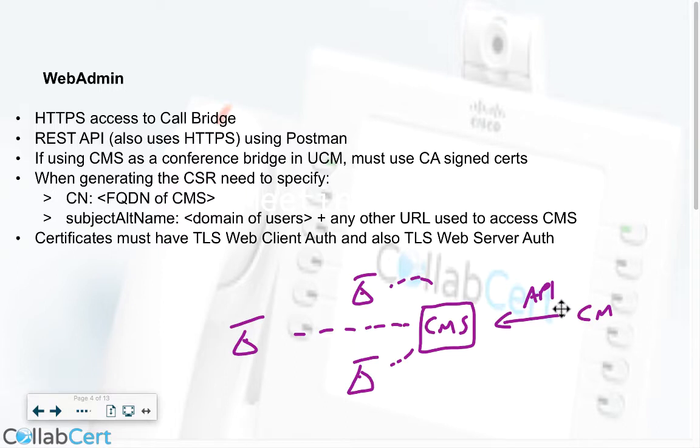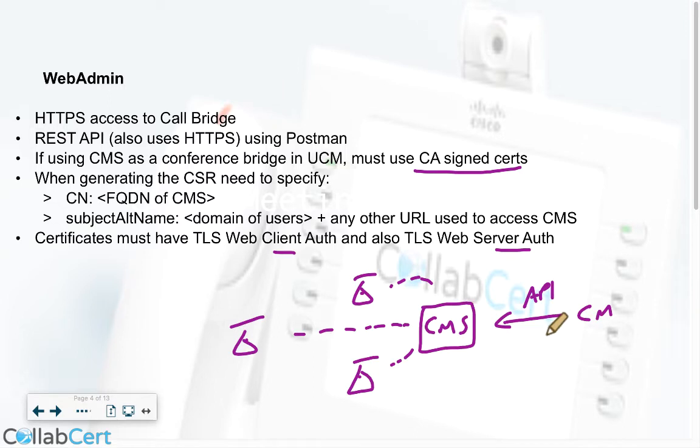And in order for that to happen, because this is HTTPS, and we're using both client authentication and server authentication in our certificate template, that means the CMS is going to validate the Core Manager cert, and the Core Manager will validate the CMS's cert. Well, Core Manager can't validate a self-signed certificate. So this means that we have to have an external CA signed certificate.